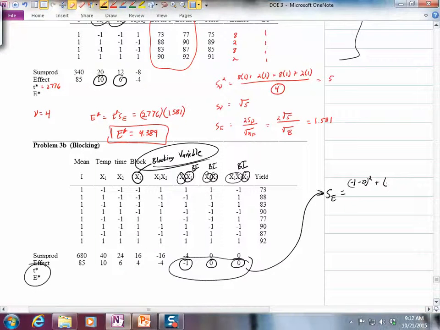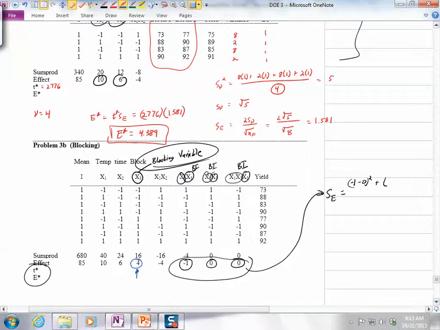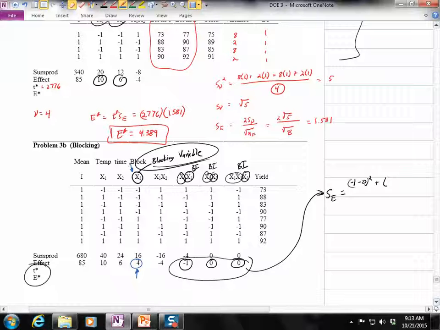So the question was, this is the second time this came up. This effect right here, think about this. This is the effect of our blocking variable. And we have a blocking variable because we think this is something big that's a source of error that's going to mess up our experiments. So if we think this is big and real, we're not going to lump it into the noise.